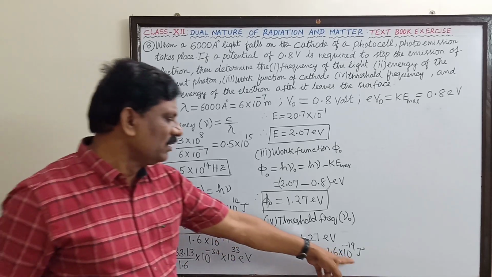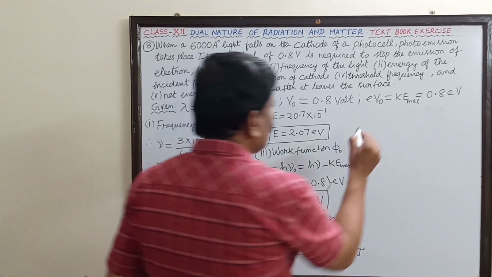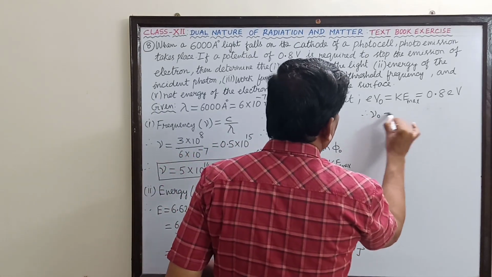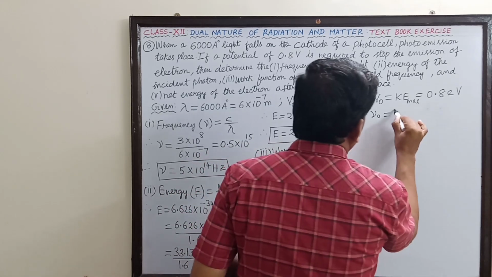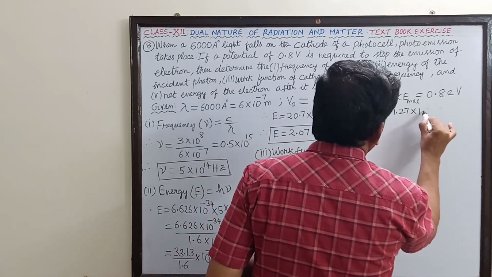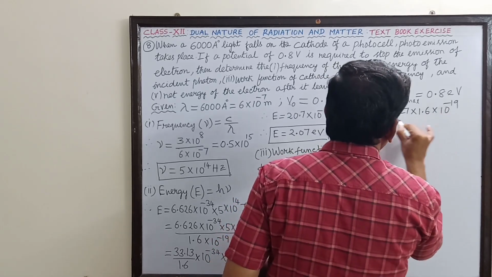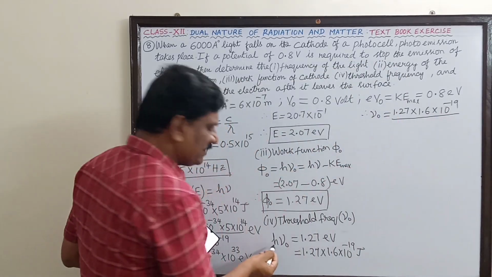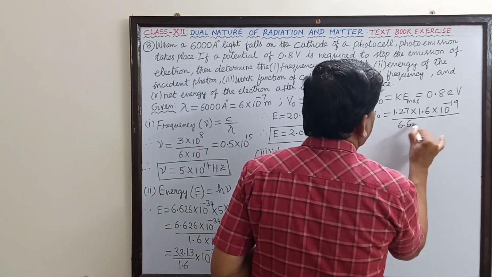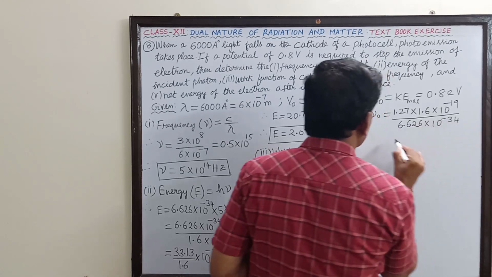That is why I want to convert electron volt into joule. Therefore, now nu naught is equal to 1.27 into 1.6 into 10 to the power of minus 19 divided by H, the Planck's constant, we must know it. So 6.626 into 10 to the power of minus 34.